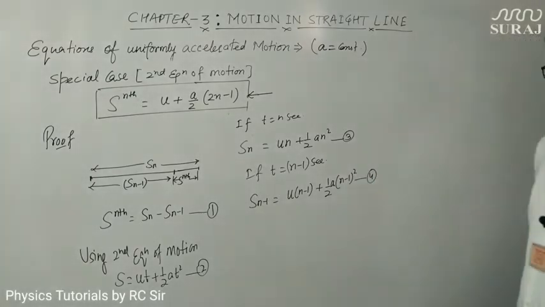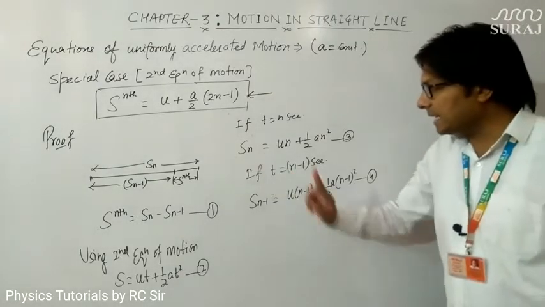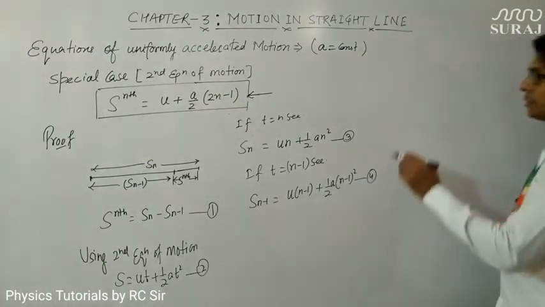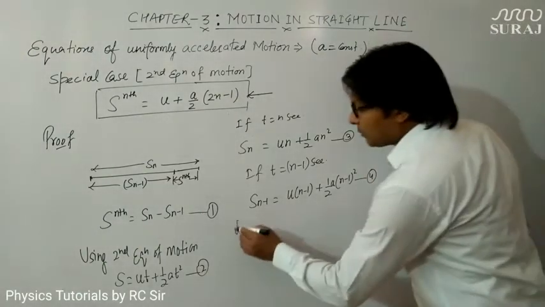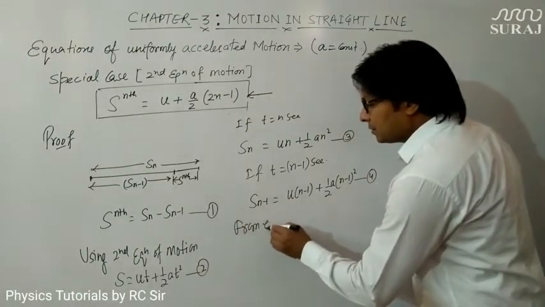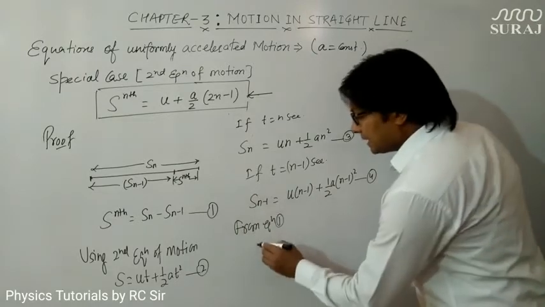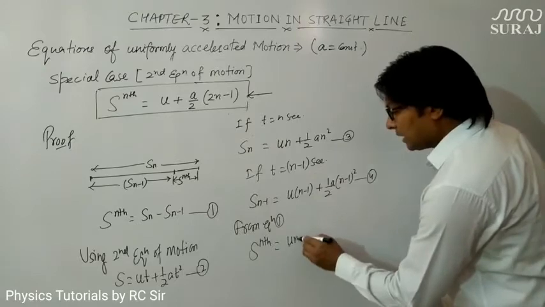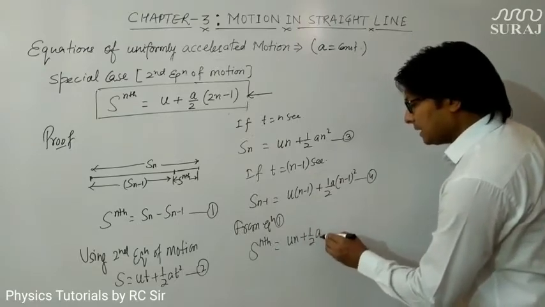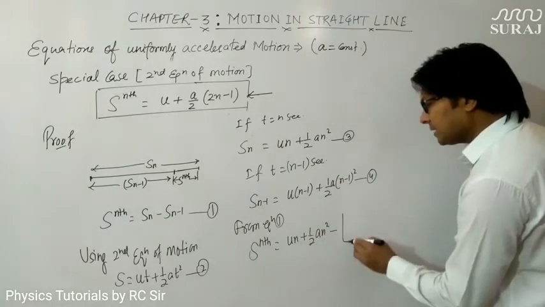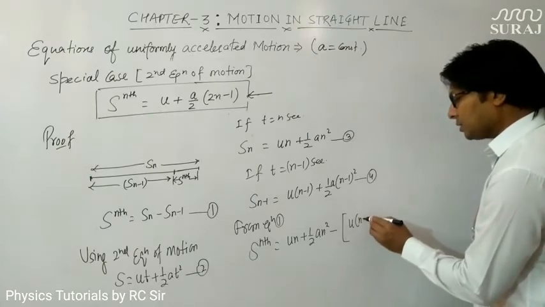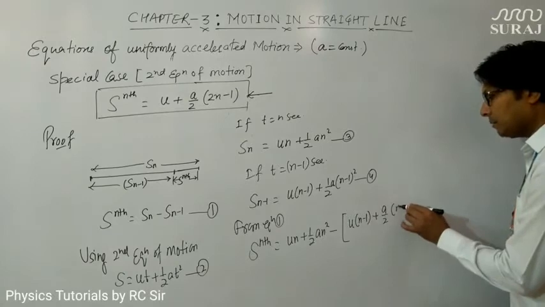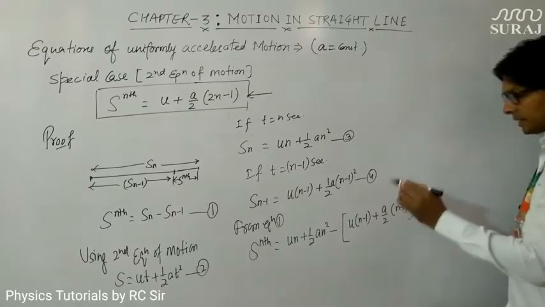Now if I put the value of Sn and S n minus 1 into equation first, from equation first Snth is equal to Sn, that is un plus half an square, minus u times n minus 1 plus a by 2 times n minus 1 whole square.